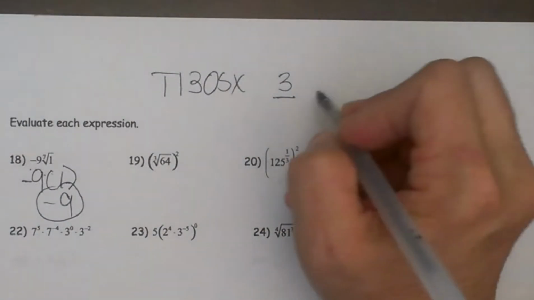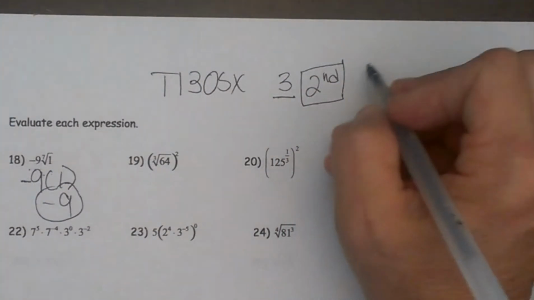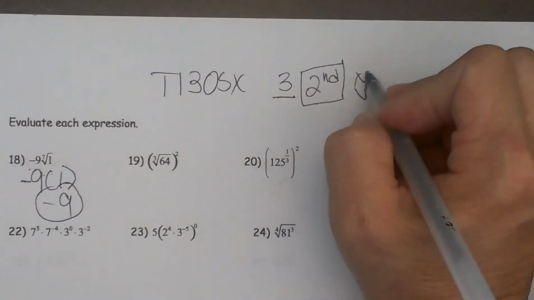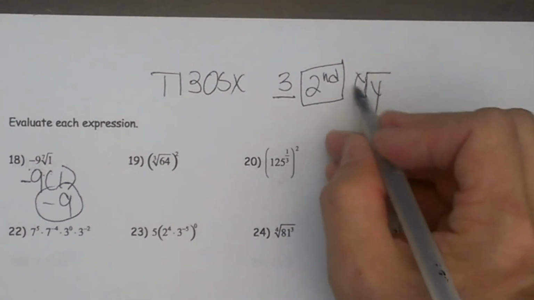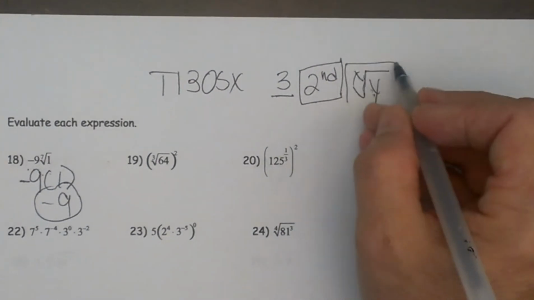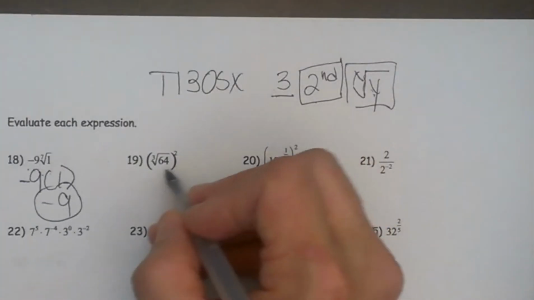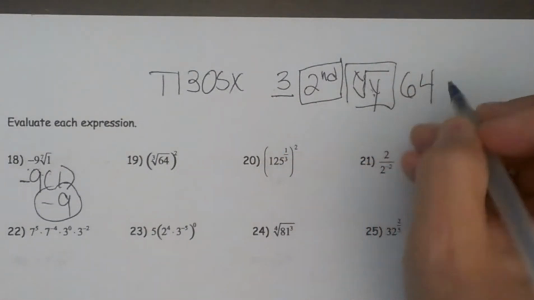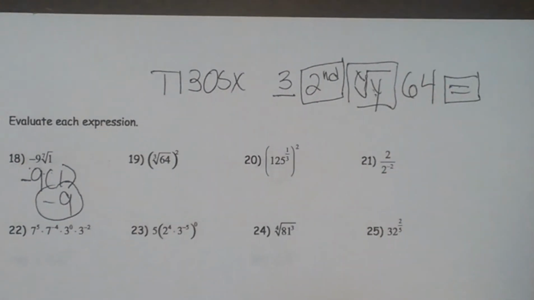After you put in the 3, you're going to hit the second function key to tell it's a root. And then there's an x to the y button, which tells it it's not a square root, but another root. You're going to type that button. And then you're going to put in what you're taking the cube root of, which in this case is 64. And then, of course, you hit equal, and it will give you the cube root.